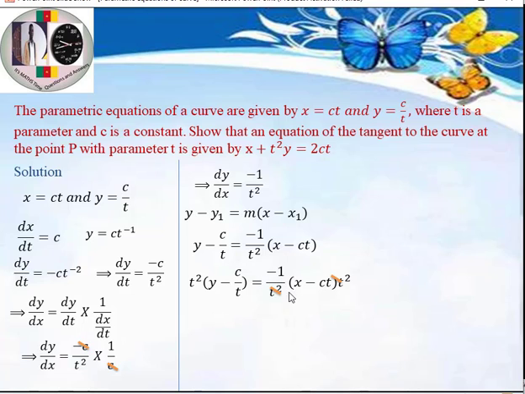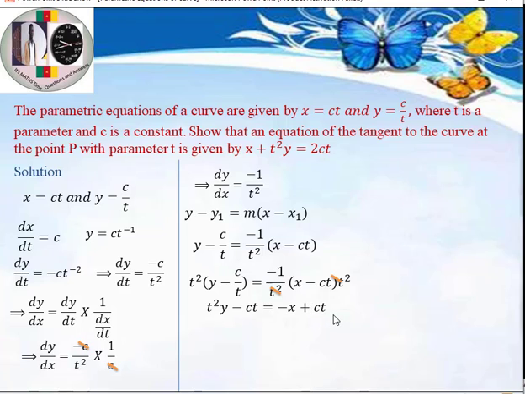If we open up this bracket, we are going to have minus 1 times x, and plus, because minus times minus is positive, so plus ct. Here on the left we open up this bracket to give us t squared y minus ct, because the t cancels one of the t's there, and minus x plus ct.